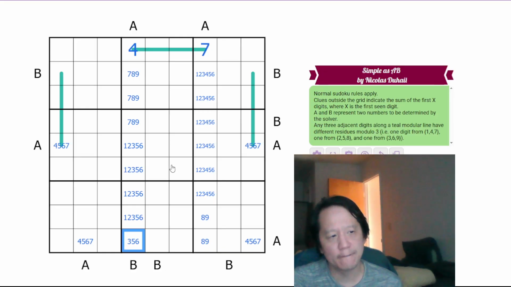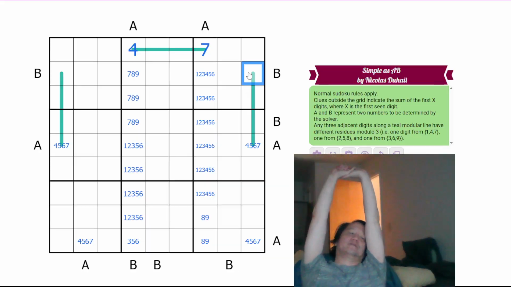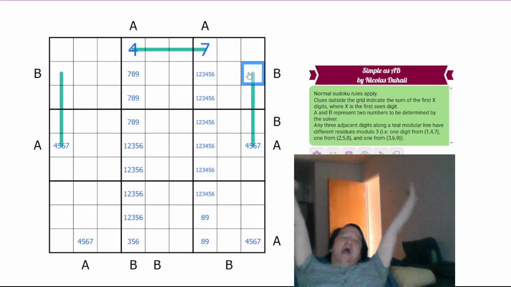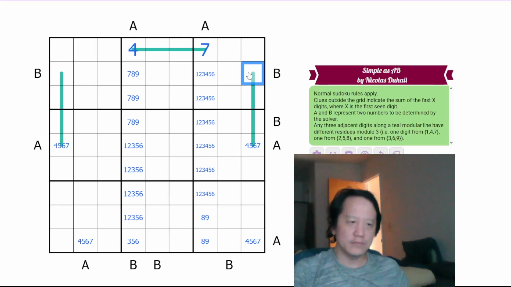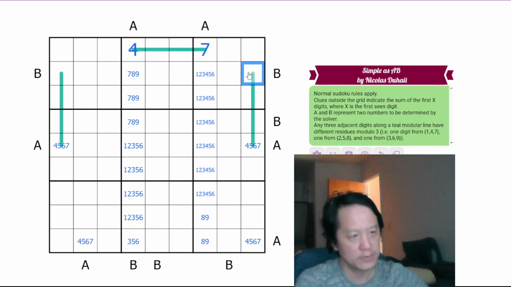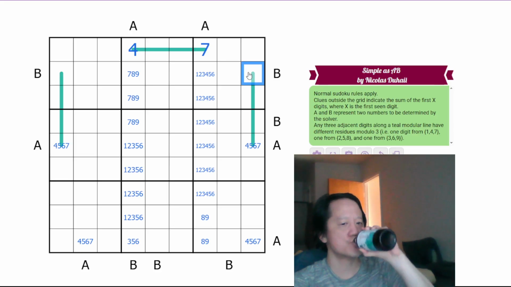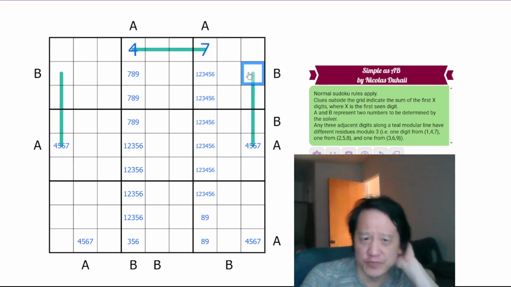Oh, interesting. These two sum up to the same sum. Is that possible if they overlap? I don't know if it is.